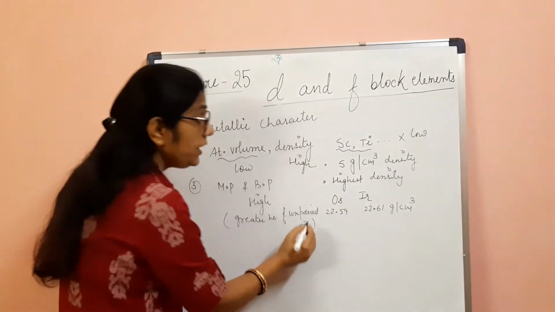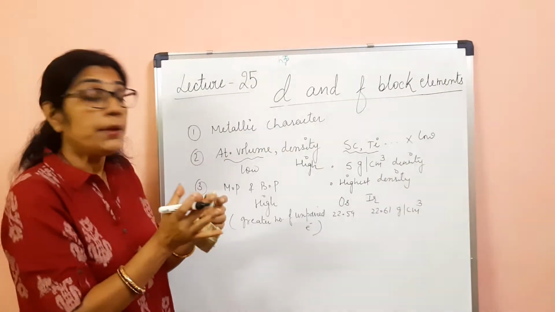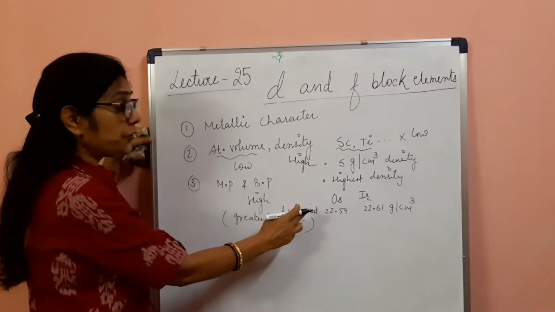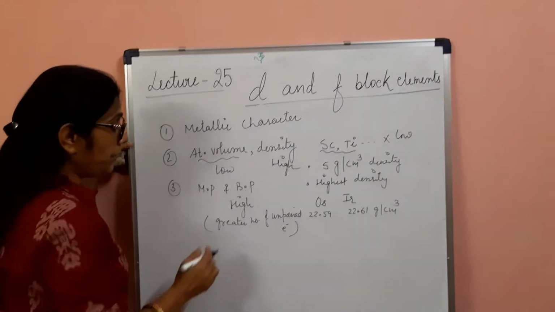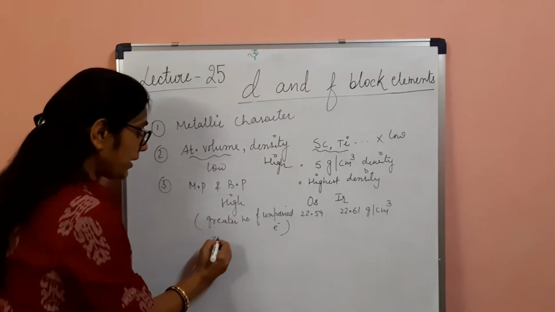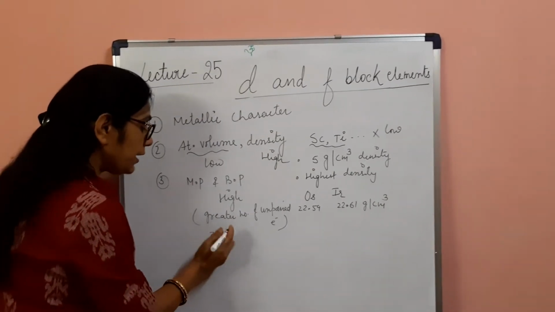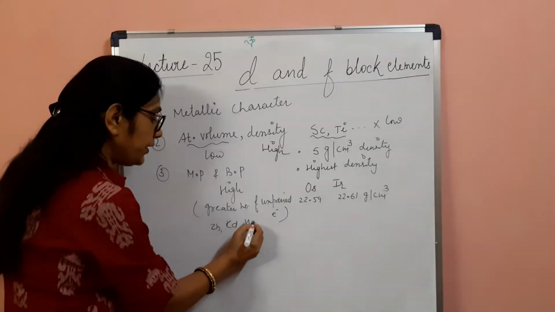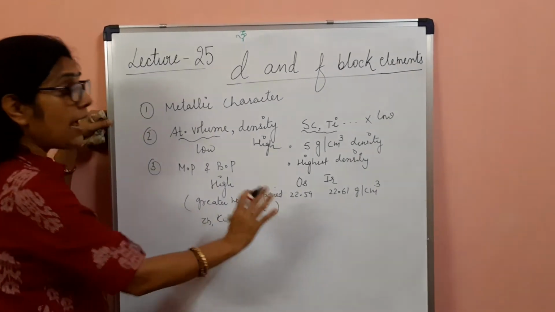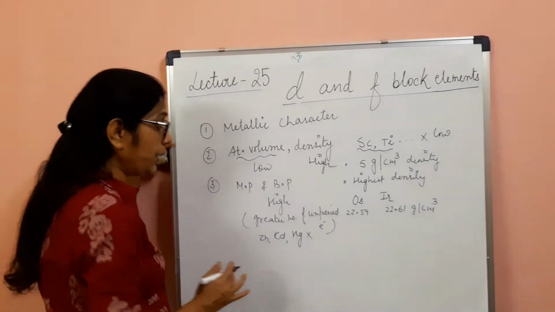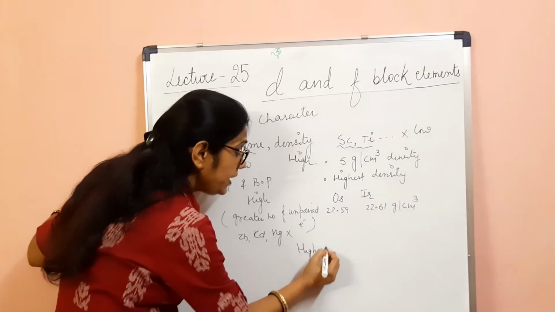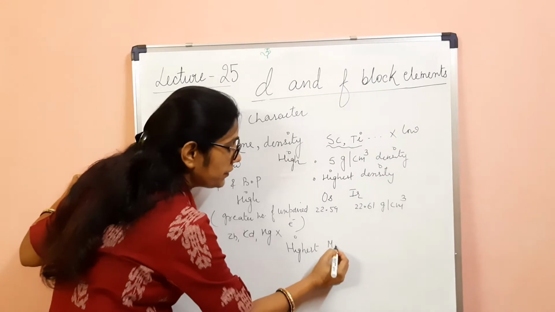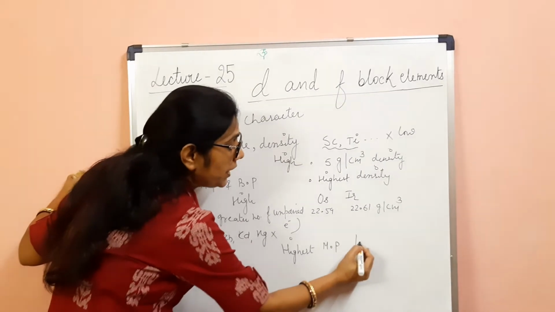In d and s, when you combine them, the number of unpaired electrons becomes more, and that is why they have high melting and boiling point. The exceptions are zinc, cadmium and mercury. Otherwise they all have very high melting and boiling point. Here I would also like to tell you the highest melting point is of tungsten.